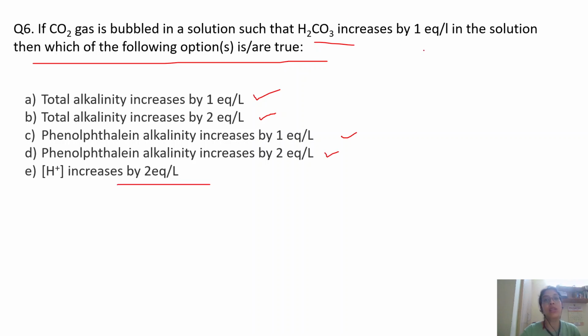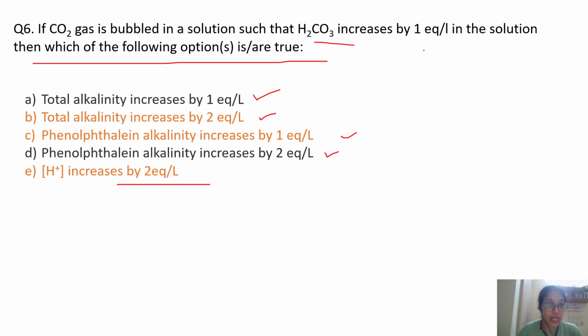So H2CO3 is 1 equivalent per liter. You can pause the video and try to find out the answer. Okay, we'll see the solution now.